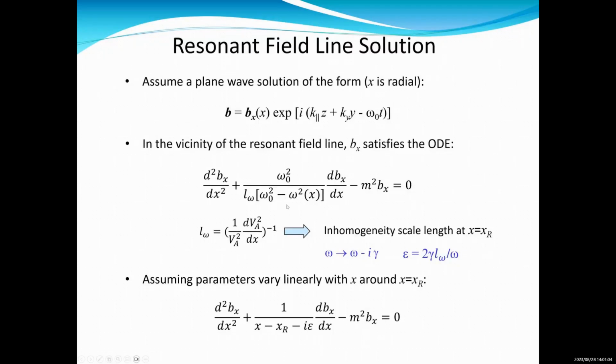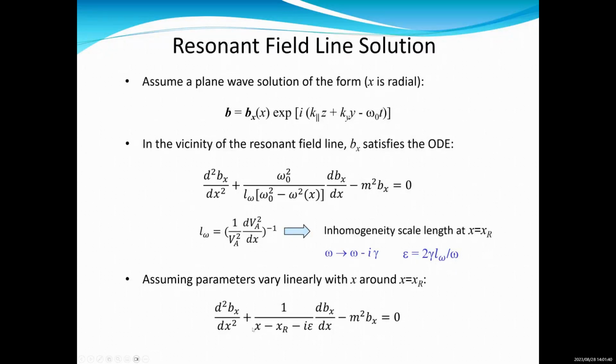In general, the ionosphere is not a perfect conductor, so this field line eigenfrequency will have both a real part and a damping. If we introduce this parameter epsilon, it's related to the damping rate of the wave frequency, and the inhomogeneity scale length. This equation can be turned into this one.